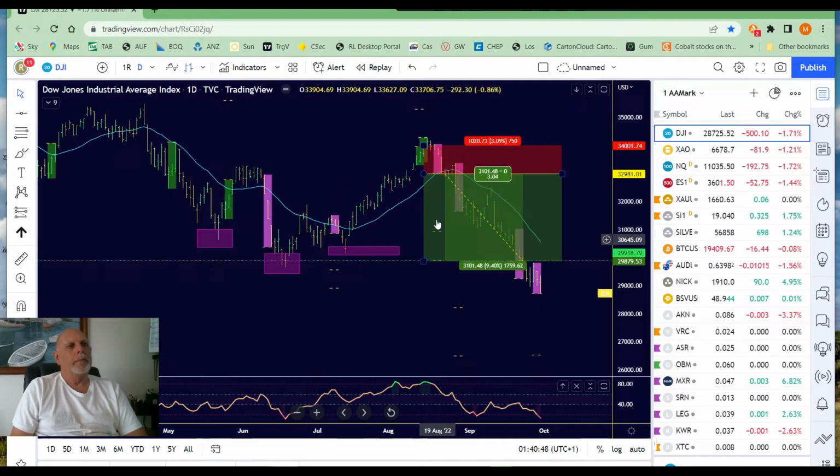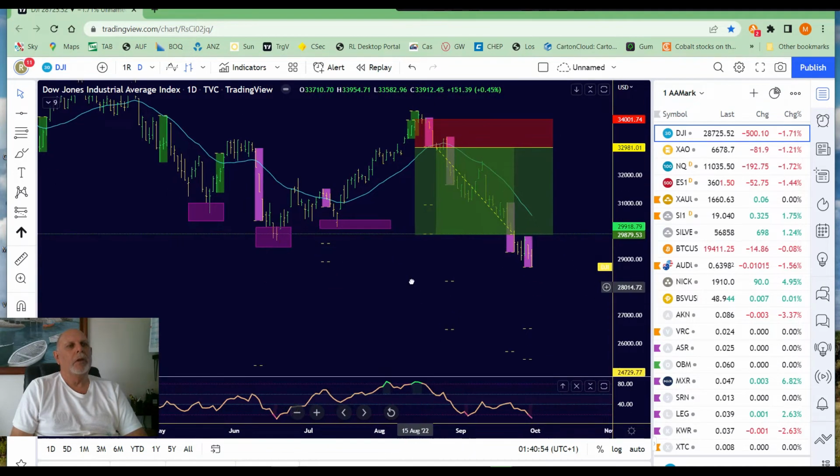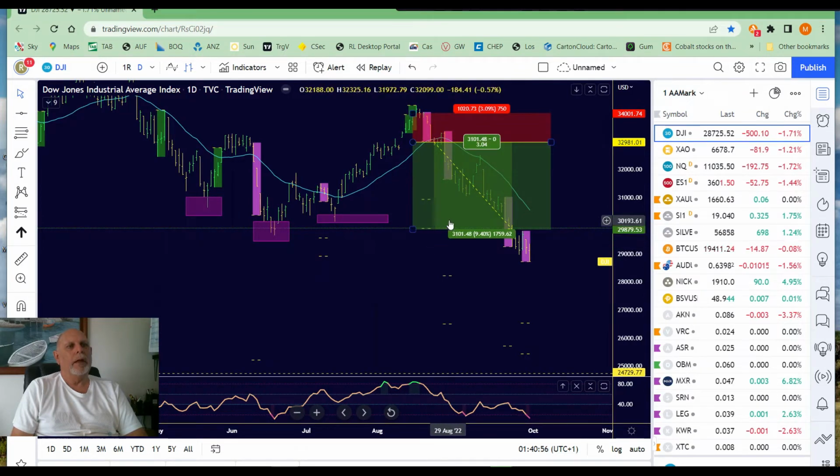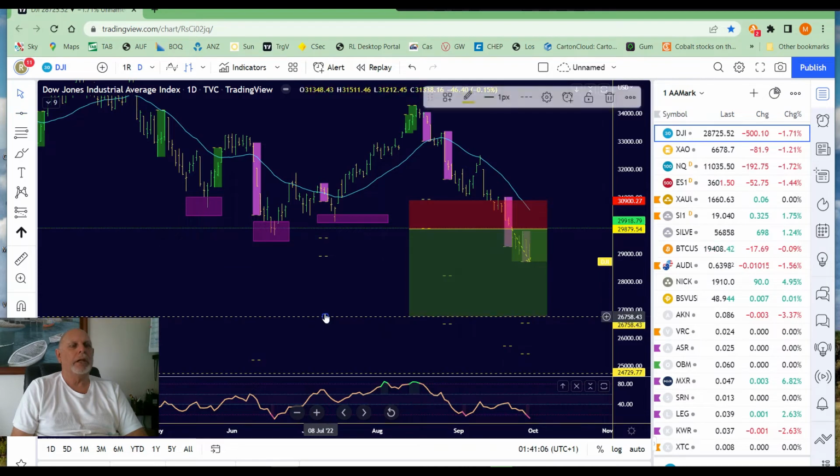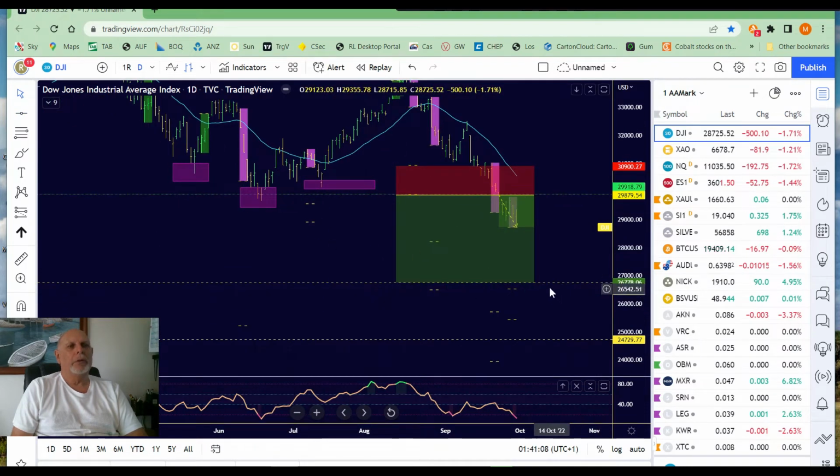With this, when you get a situation like that, it's done its extension, hit its target, what I find is if that just continues on, it is going to in fact double that distance. So if we have a look at that on a daily chart, we've really got a potential still to see the Dow going down to 26,778.